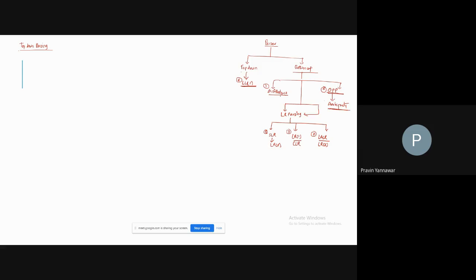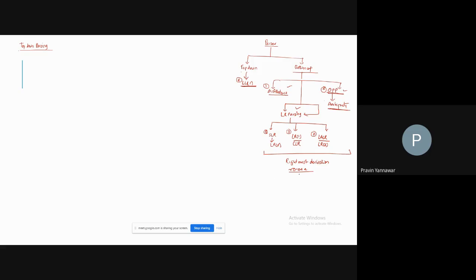Out of that, our discussion on these three is over. Broadly we can say, in case of bottom up parser, it is rightmost derivation in reverse. What does it mean?